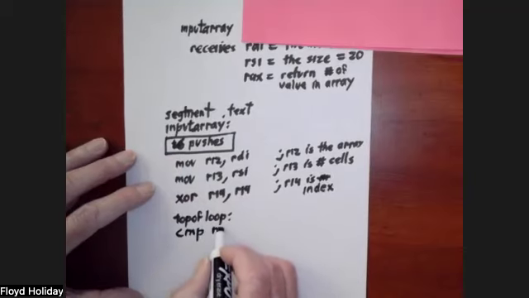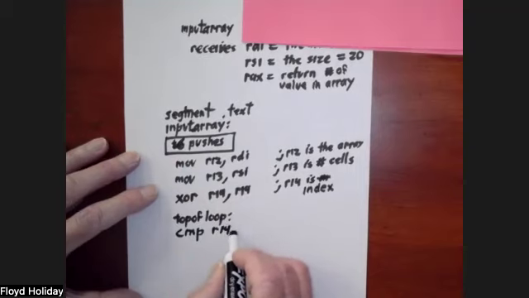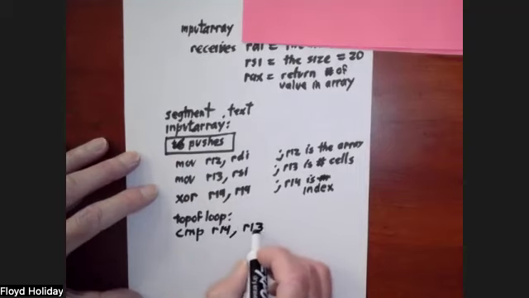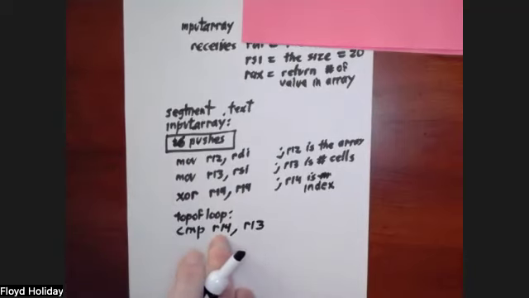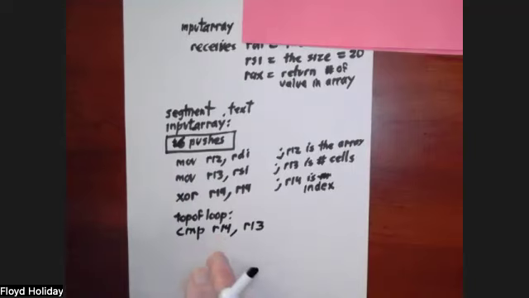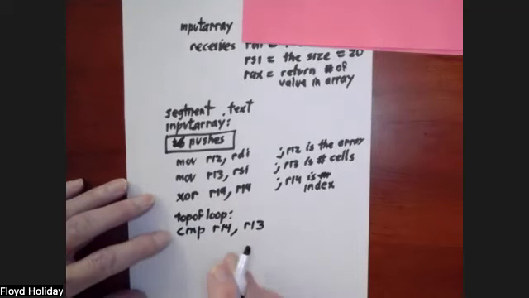Compare R14, comma, R13. R14 starts at 0, 1, 2, 3, 4, and on. If it reaches 19, because indexing goes 0 to 19, if it goes beyond 19, we're in trouble.